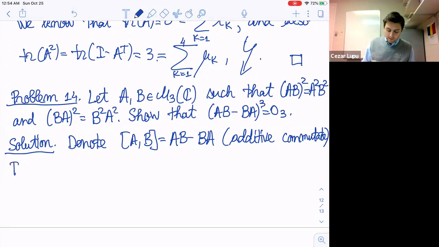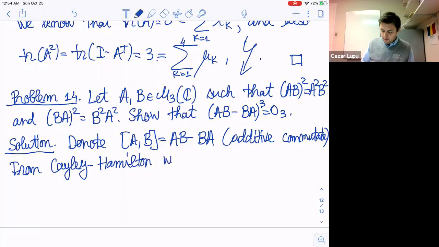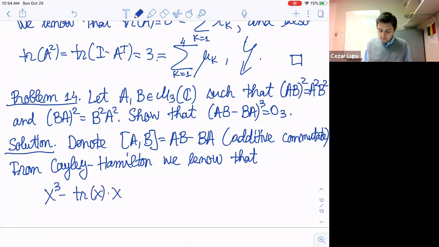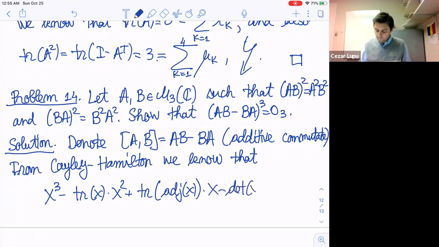So from Cayley-Hamilton, we know that, generically, x cubed minus trace of x times x squared plus the trace of the adjugate of x times x minus the determinant of x times the identity is the null matrix.